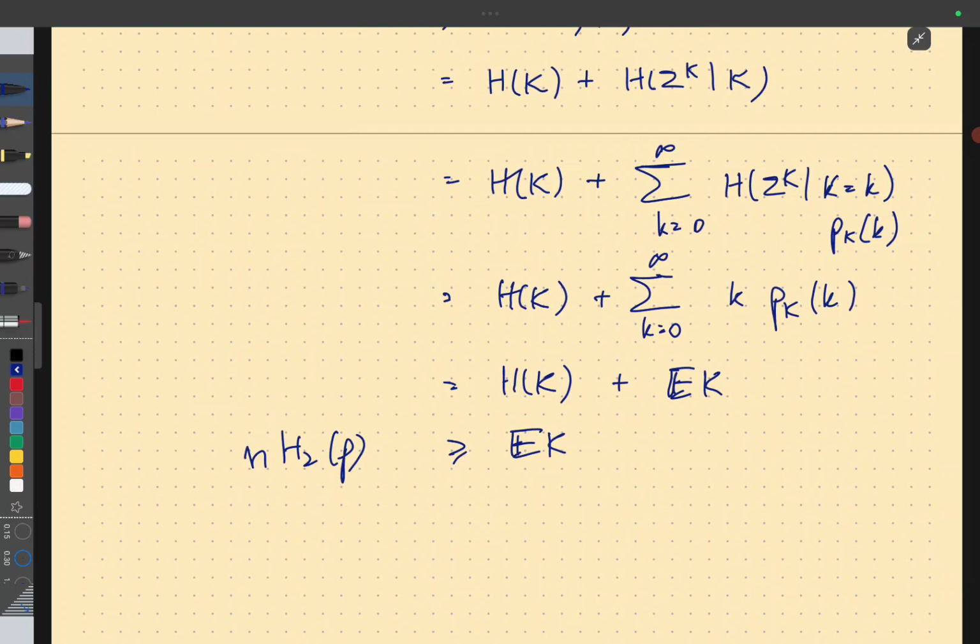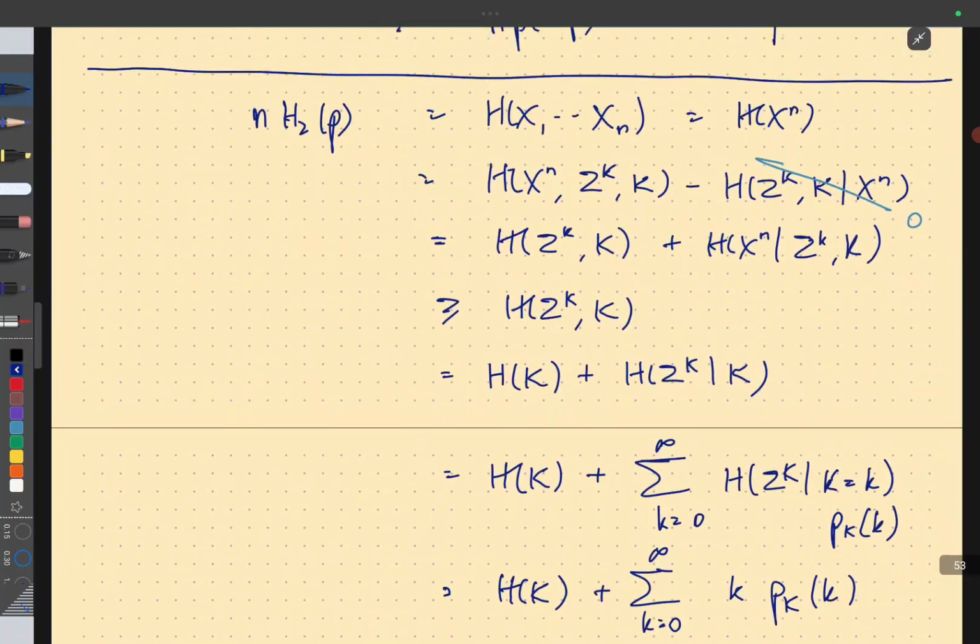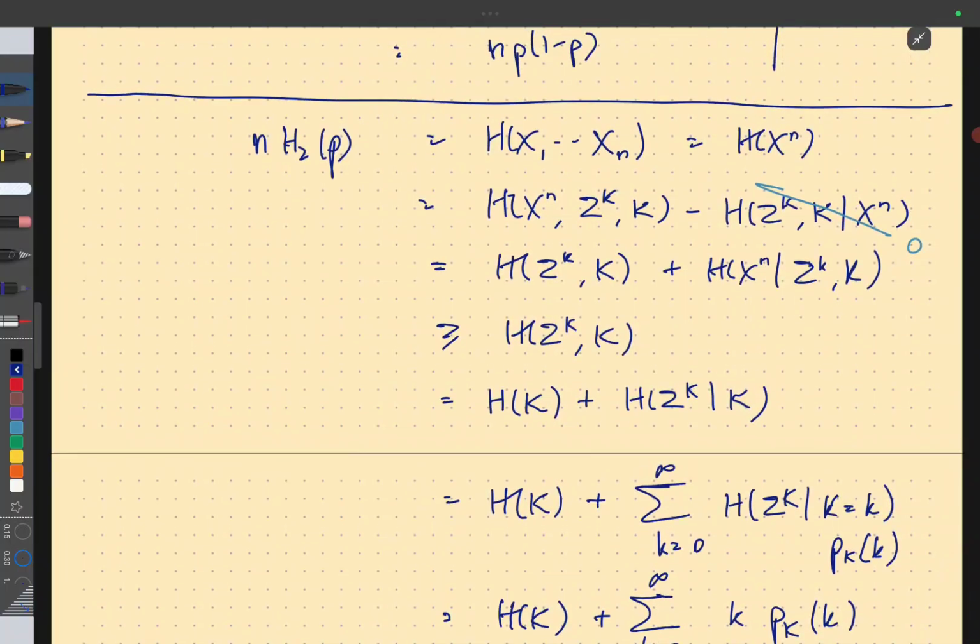How do you infer that entropy of generator should be less than the entropy of your source from this? Why is H of Zk less than or equal to H of Xn? Yes. Zk is a function of Xn, right?